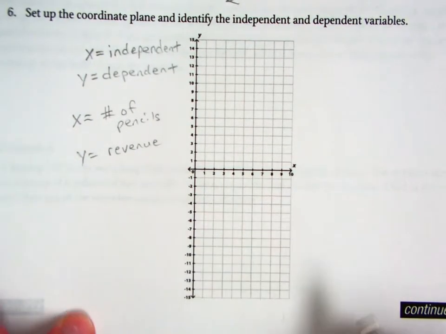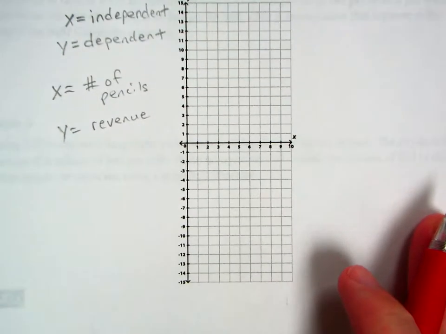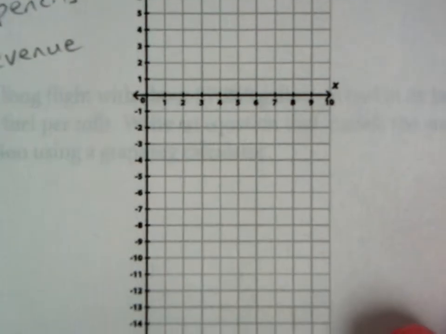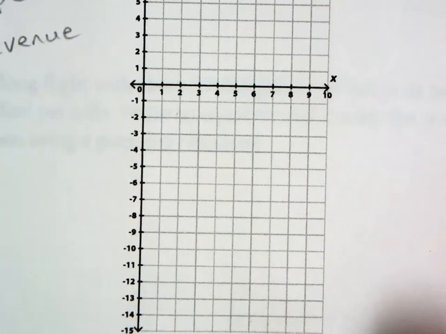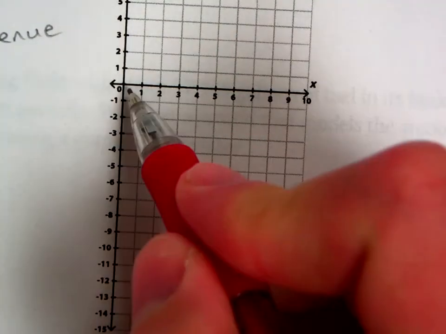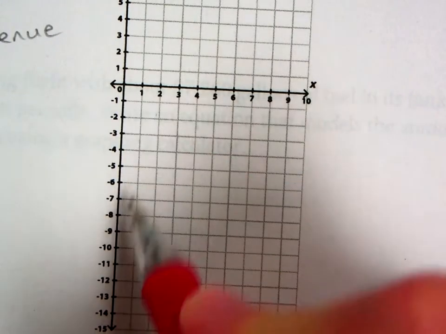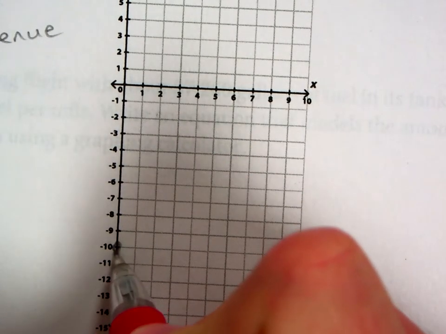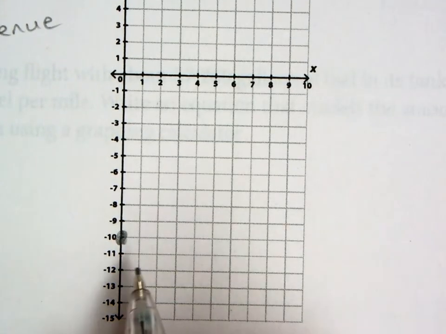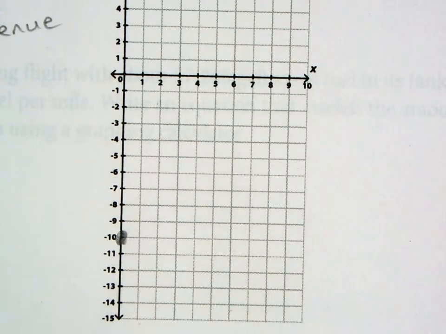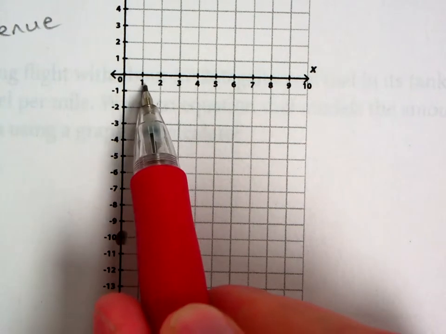If x is 0, I'm going to zoom in here just a little bit. If x is 0, our y, our output, was negative 10. And so we have 1 point right here. What happens if our x was 1?